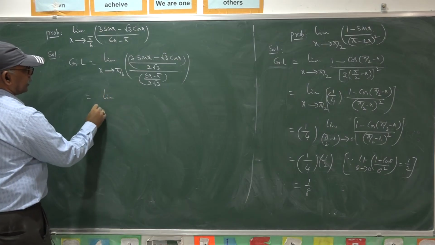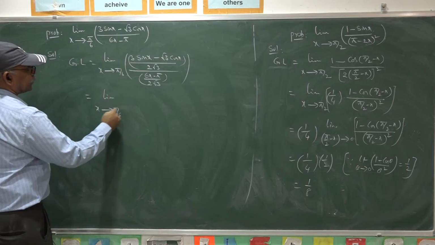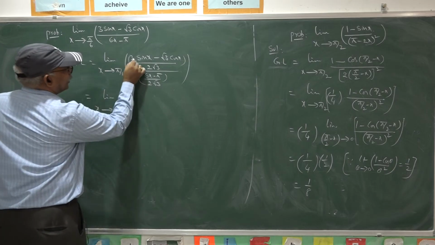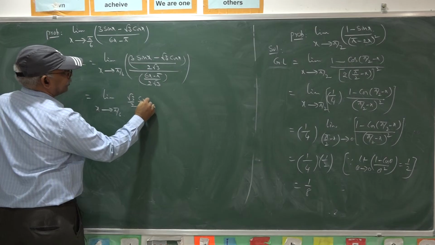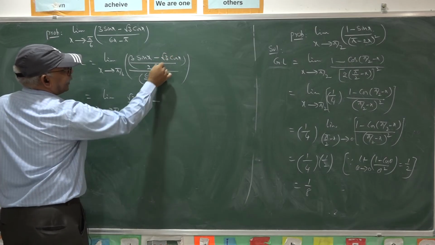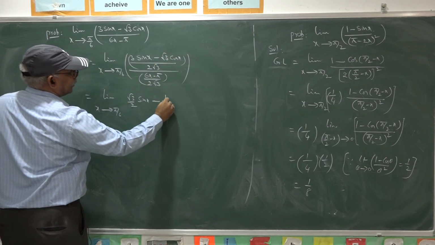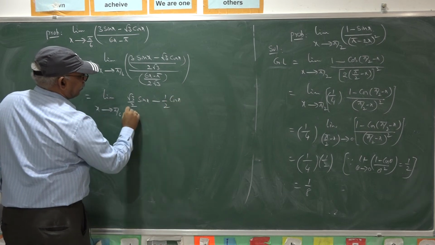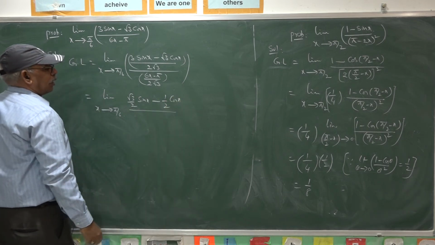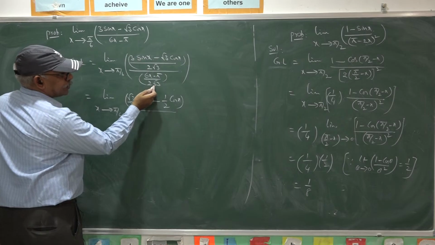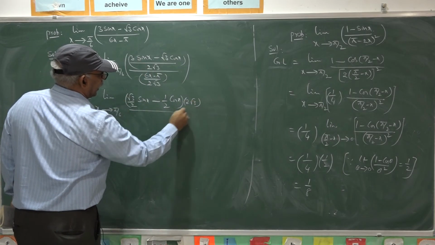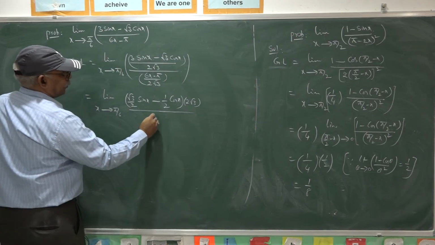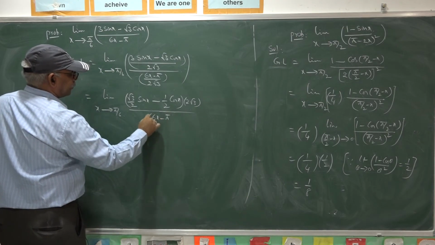This can be written as limit as x goes to pi by 6, 3 sin x by 2 root 3 is root 3 by 2 sin x, minus, once you divide this term with 2 root 3, you will get 1 by 2 cos x, and you can write this denominator 2 root 3 in the numerator, 2 root 3 by (6x minus pi).